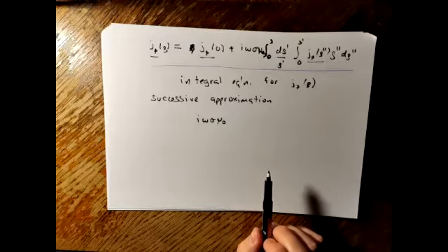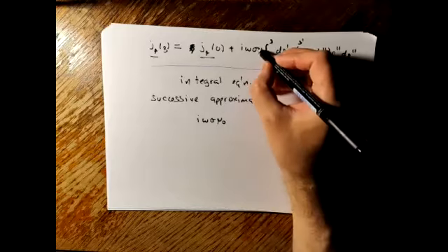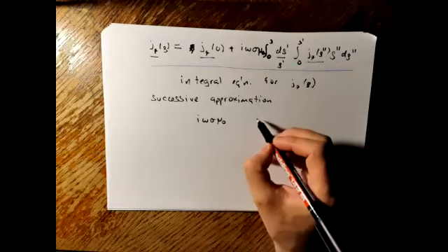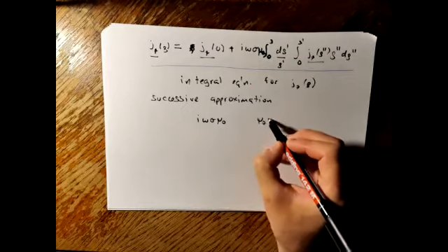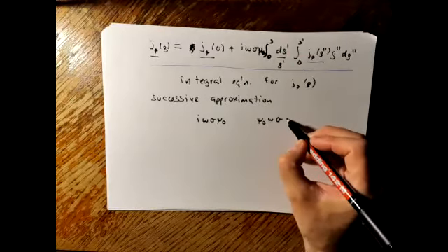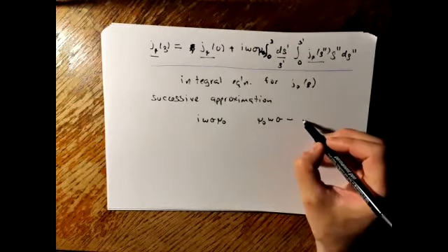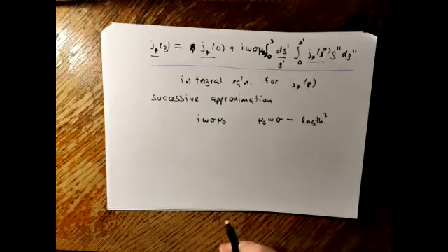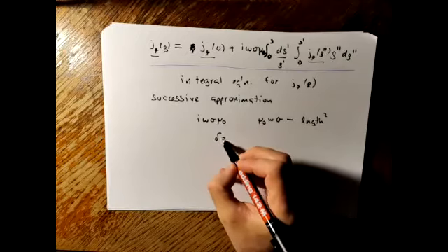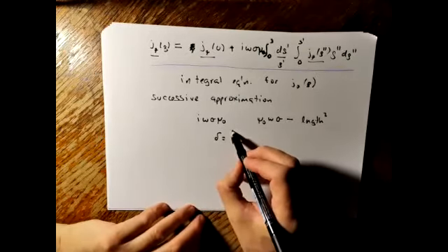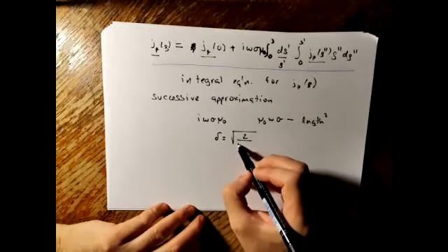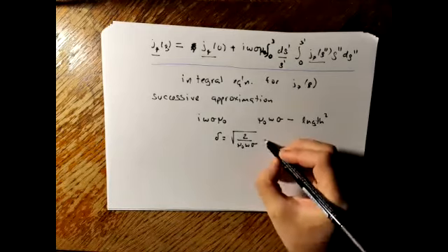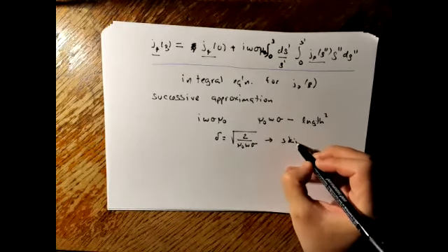I'm sorry, I didn't write this very nicely. But the point is that mu 0 omega sigma has to have units of inverse length squared. The way that's normally done is that delta is equal to the square root of 2 over mu 0 omega sigma. That's usually taken to be the skin depth.